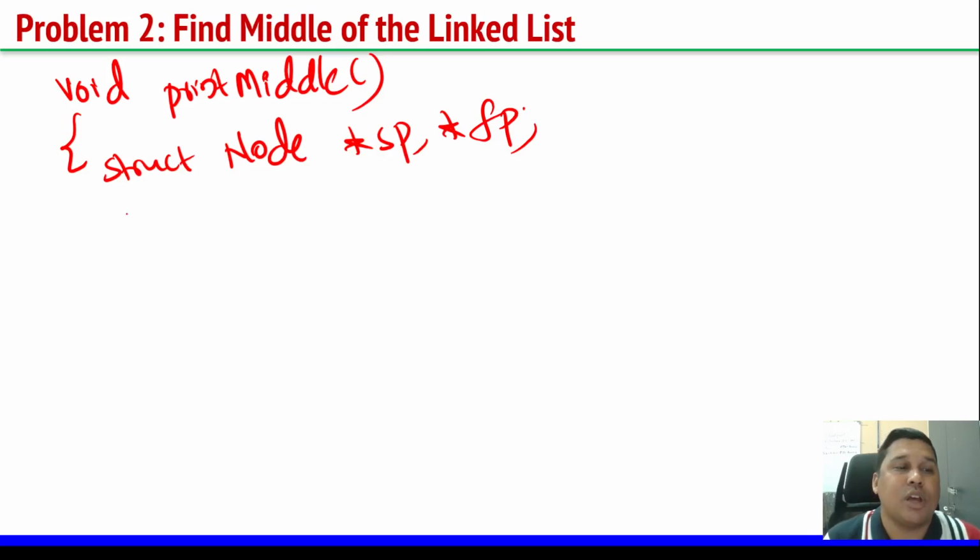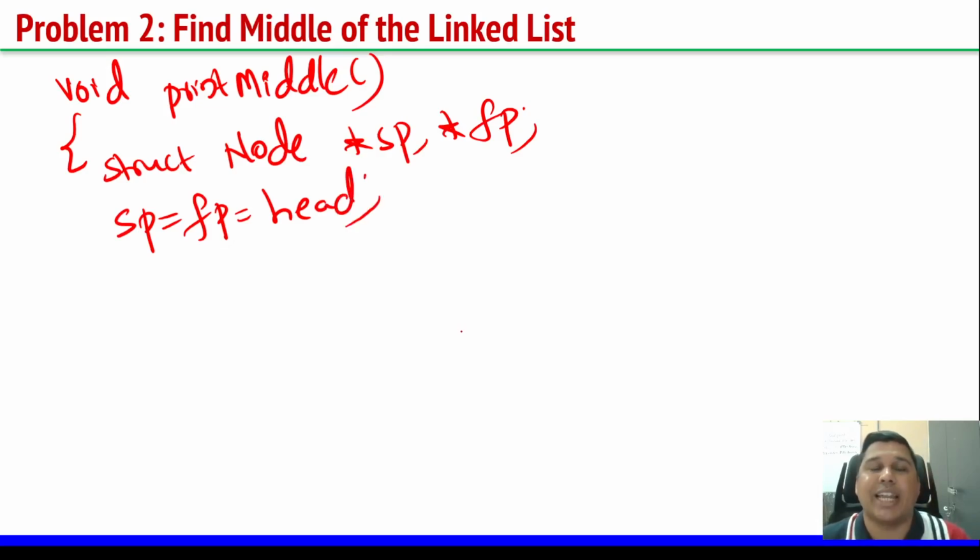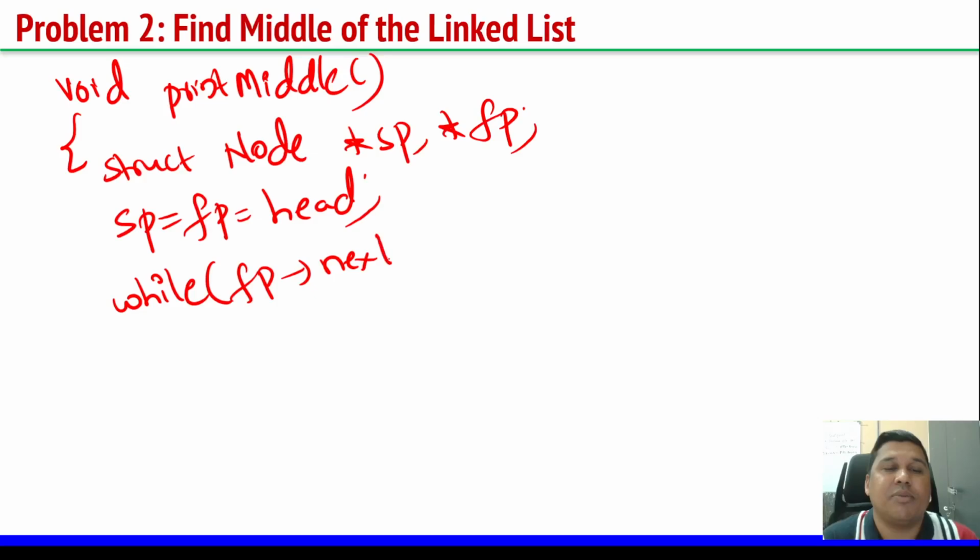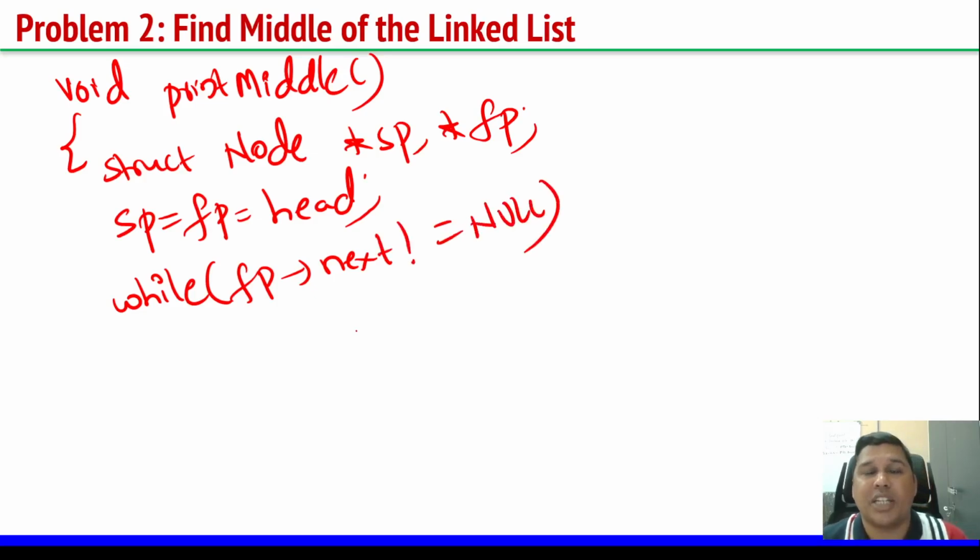Also I will write sp equal to fp equal to head, because they have to point to the starting pointer, that is the head node. Next, I have to iterate in a while loop. While fp of next is not equal to null, what I have to do is jump the slow pointer one step ahead and jump the fast pointer two steps ahead.